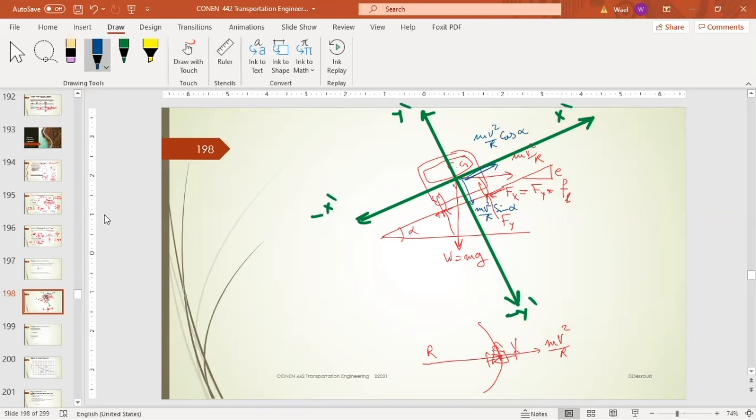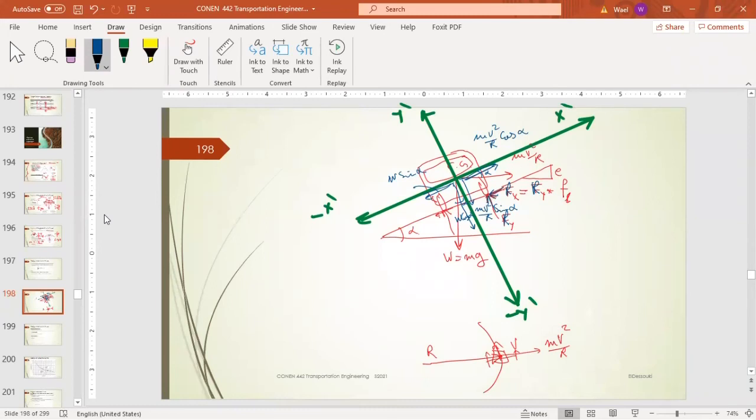For the weight, we're going to have another component here, which is basically w cosine alpha. And here, because this angle is alpha, we have w sine alpha. And we have the fx, let's call it rx actually, and this is ry.